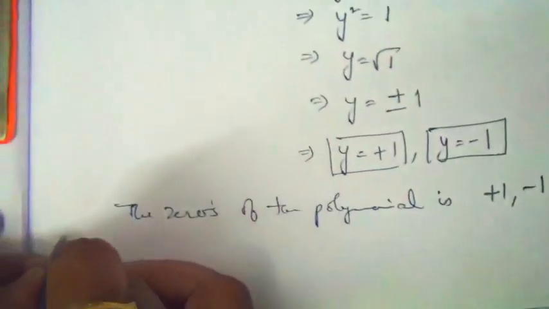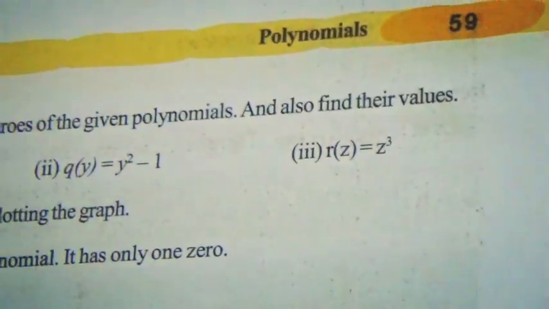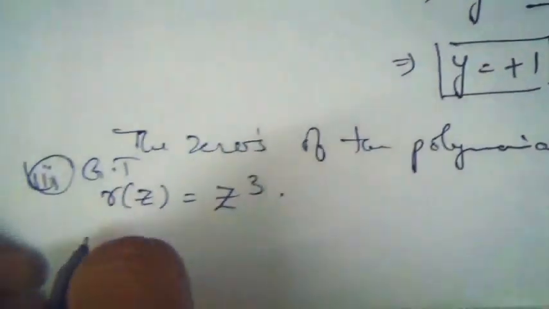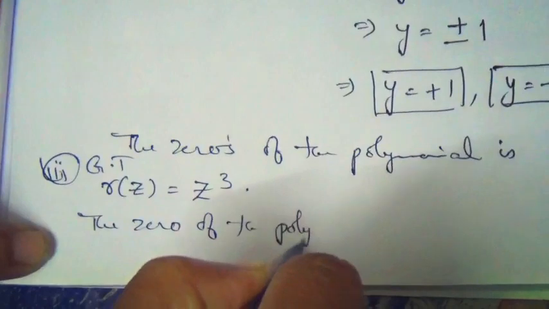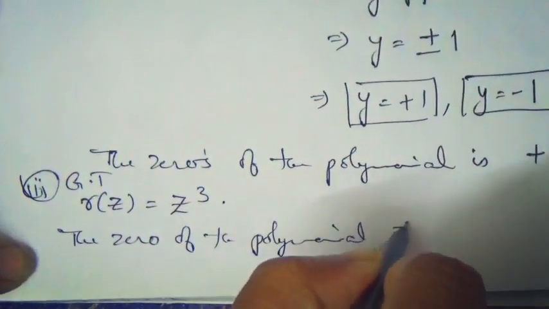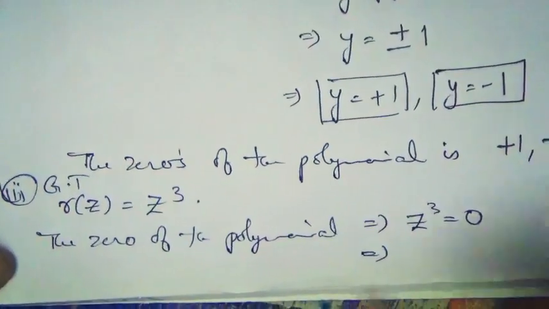And the third one, I already told you, is r of z equal to z cube. Given that r of z is equal to z cube, find the 0 of the polynomial. That implies z cube is equal to 0. How many times do we have to write z here? 3 times.